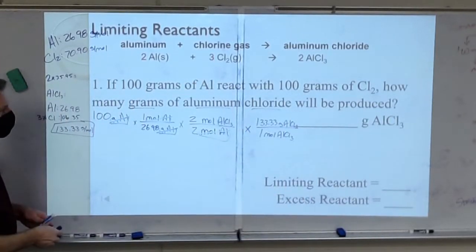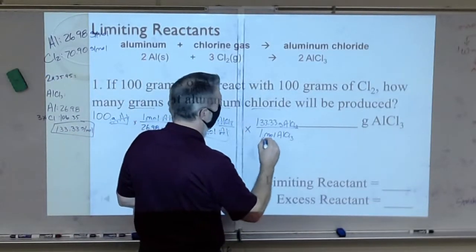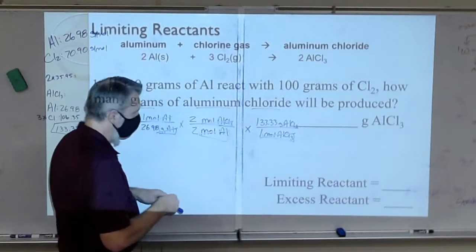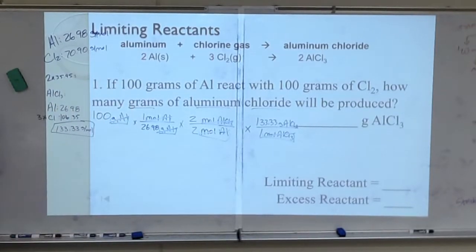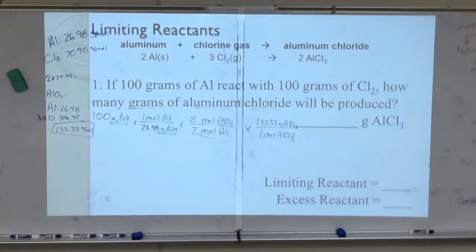And yes, yes, yes, I want you to write all of this down. Okay. So what are the only units that are left? Grams of aluminum chloride. Is that what I was asking you for? All right, so we're finally ready now to go ahead and pick up the calculator and punch it in. What do we end up with?